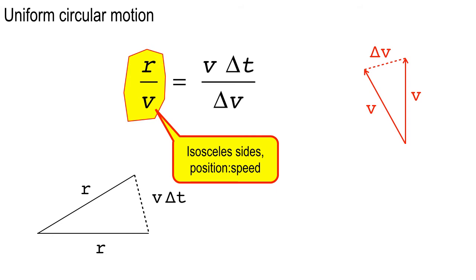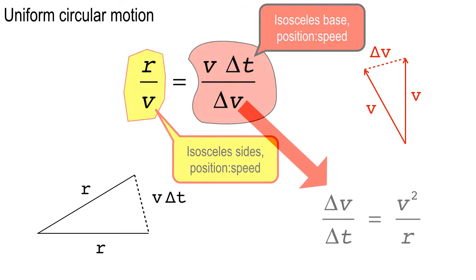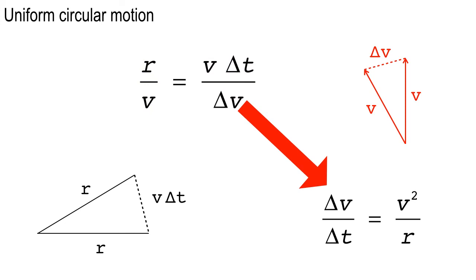And just to reinforce, here's the isosceles sides, position dot speed, and then over here, here's the isosceles base, position dot speed. So position triangle over speed triangle, velocity triangle. Okay, and what we're going to do now is, here's the flip-flop. So we flip-flopped it, and now we got that nice delta V over delta T. And I've parked this V. Now this V over here, I don't want it touching my acceleration.